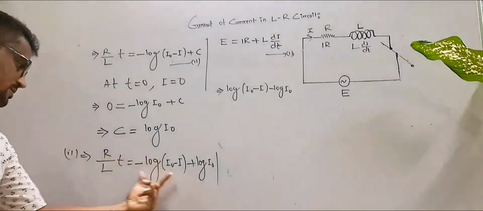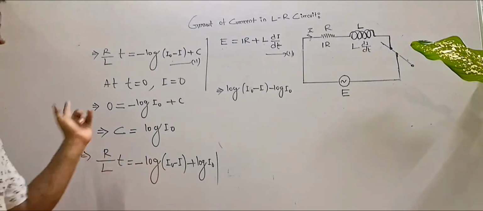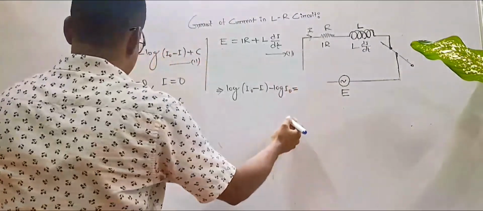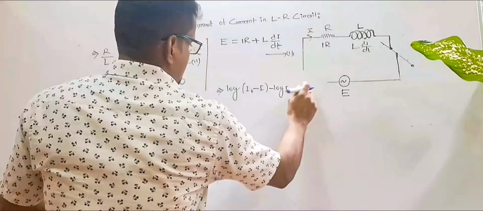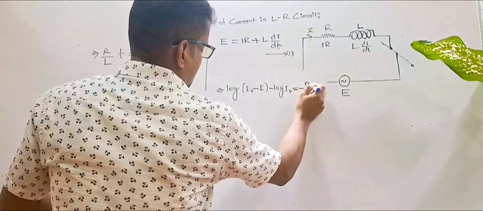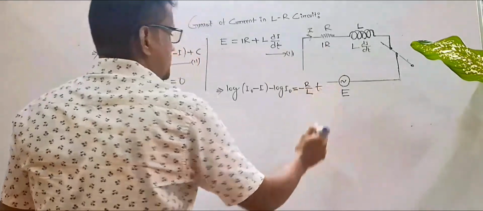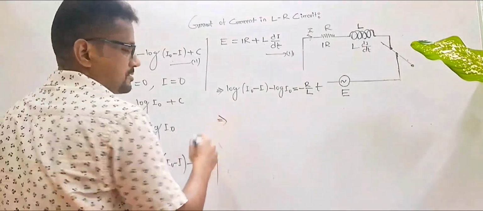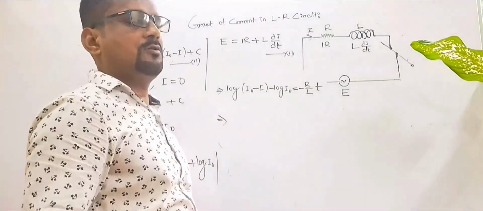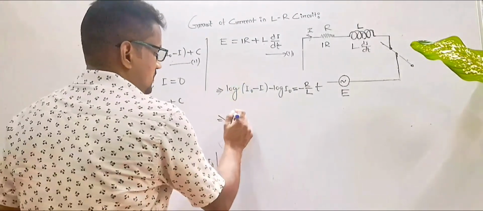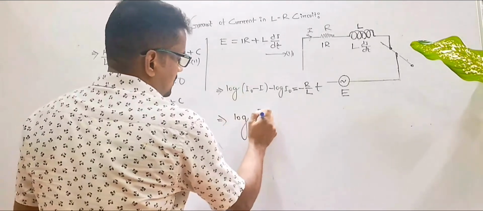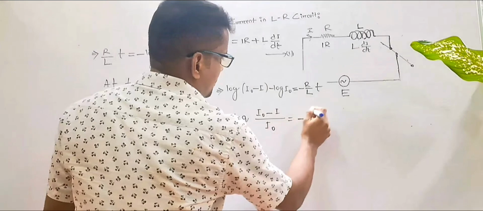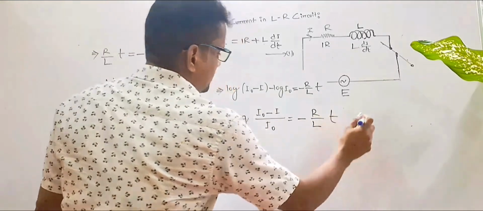If I write this in the left hand side and this in the right hand side, you will get equals to minus R by L times T. Now it's a property of log: log A minus log B is log A by B. So you can write log of I naught minus I by I naught equal to minus R by L times T.